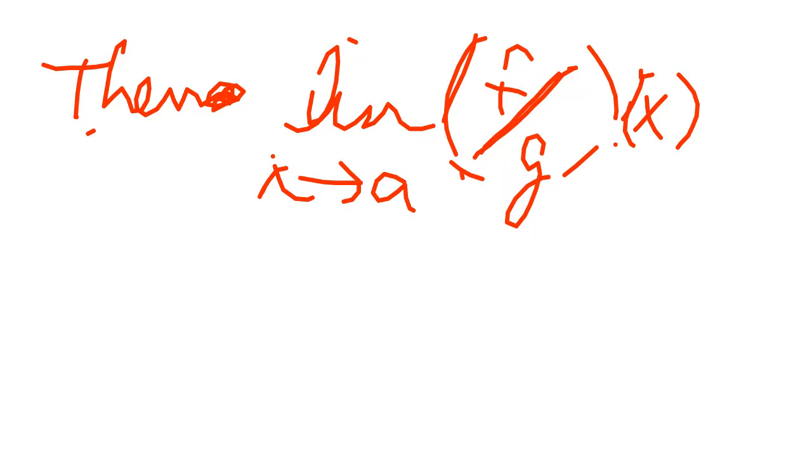The limit of the quotient. Kaylee, what do you think? You just divide them. It's L divided by M, and that's always okay unless what? M is 0. If M is not 0, right?